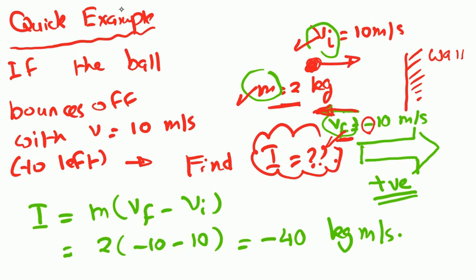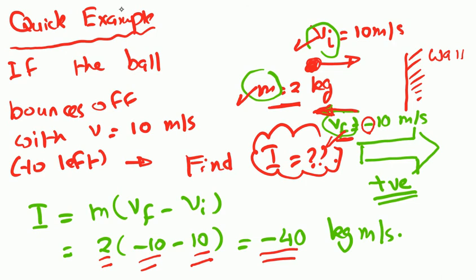So we will use I equals mass times final velocity minus initial velocity. Mass is 2, final velocity is negative 10, initial velocity is 10. There's a negative sign or minus here, so the answer will be negative 40. By the way, I want you to look well.